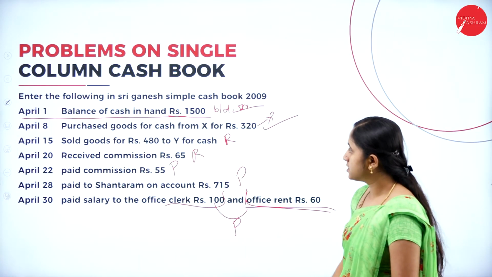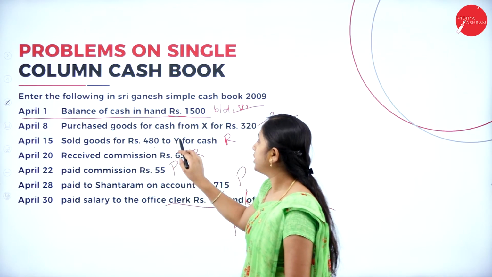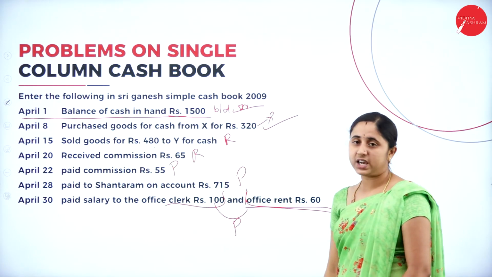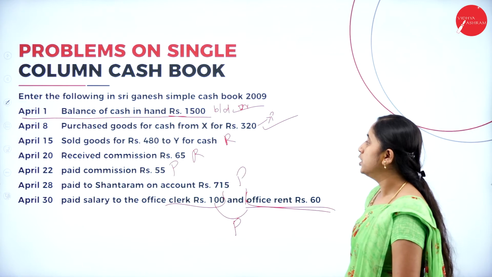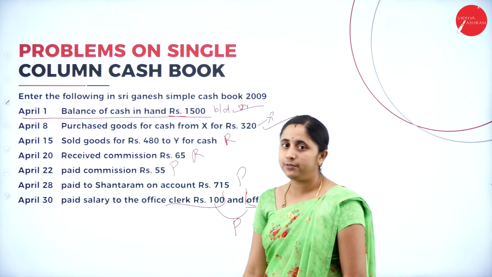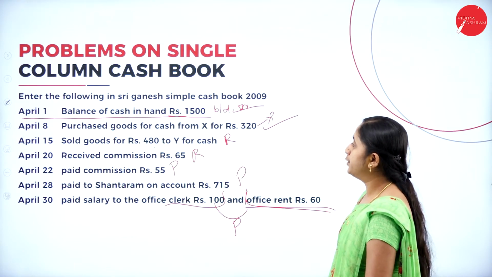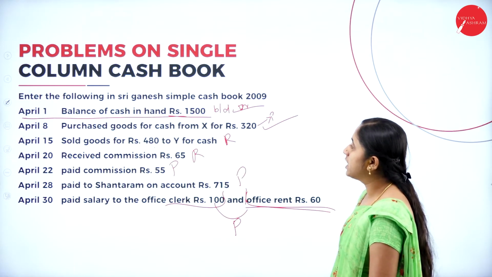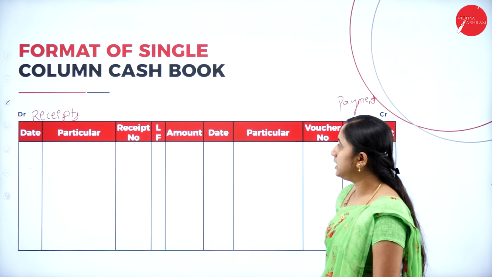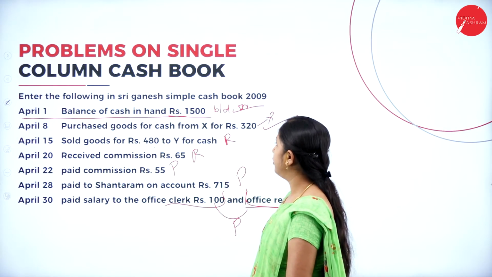Finished. Next, sold goods for 480 to Y for cash. That means cash sales to Y on April 15th. So write in the receipt side, to Y account rupees 480. Date April 15th.